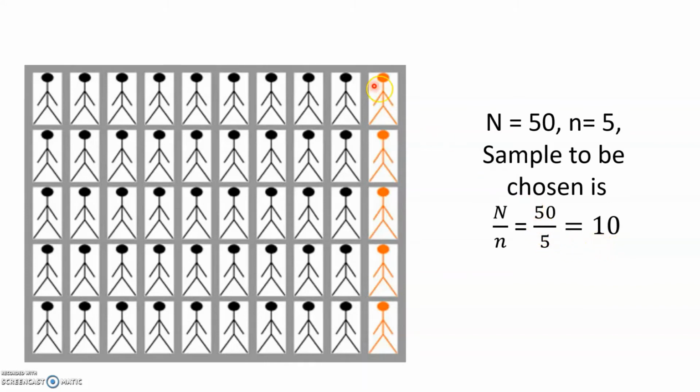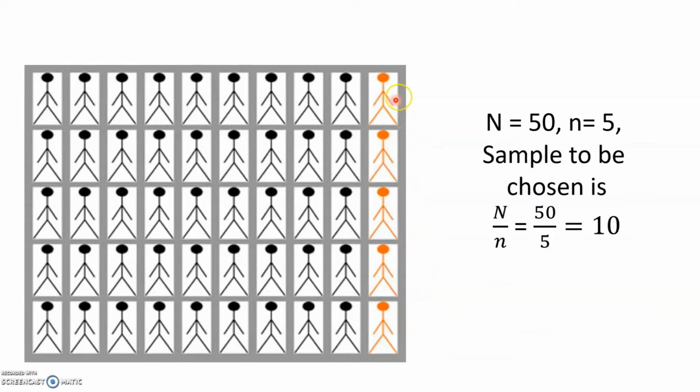Here we are starting with number 10. If your first sample is number 10, then your second sample will be 10 plus 10, 20. Then the third sample will be 20 plus 10, 30. Then 30 plus 10 is 40 and 40 plus 10 is 50. That's how you choose the samples.